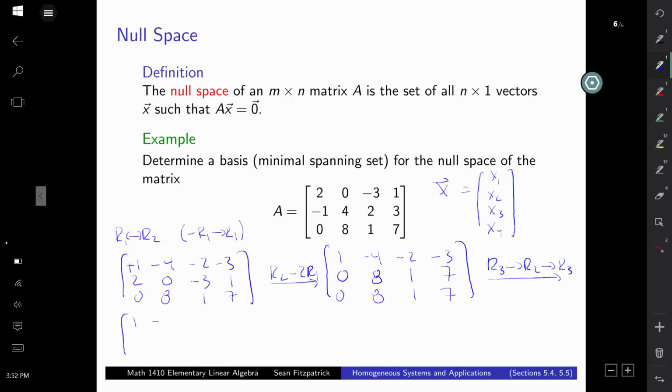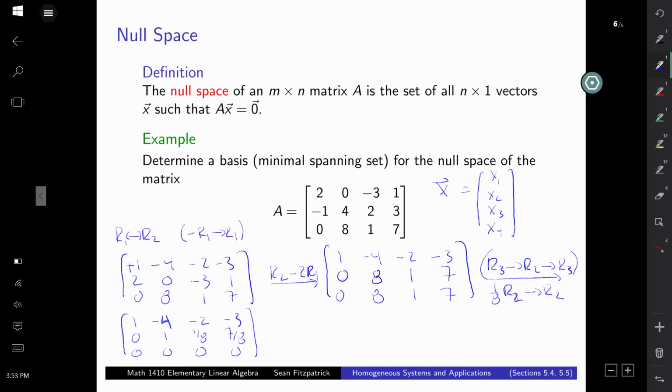Let me skip writing down that step; we know that's going to give me my row of zeros. Let me also do 1 over 8 row 2 as my new row 2: 0, 1, 1 over 8, 7 over 8, and 0, 0, 0, 0.